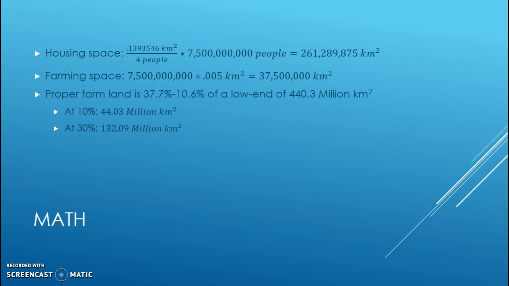Now, proper farmland is, as I said, 37.7% to 10.6% of the world's total land area. So with a low end of land area, at 10%, we're looking at approximately 44 million square kilometers.